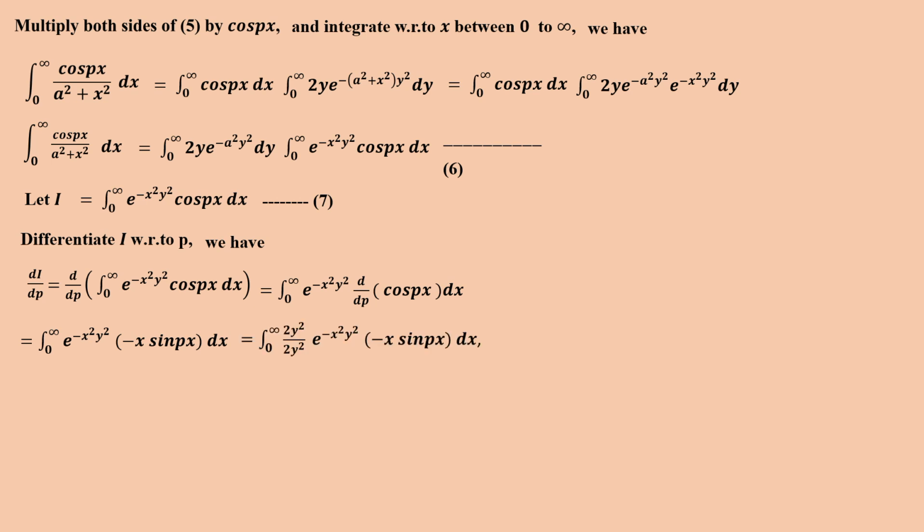So multiplying numerator and denominator of the integrand by 2y square, the integral from 0 to infinity of 2y square by 2y square e power minus x square y square into minus x sine px dx.